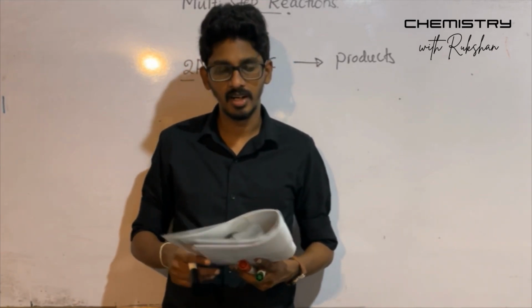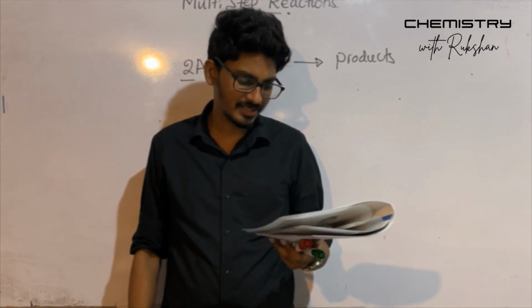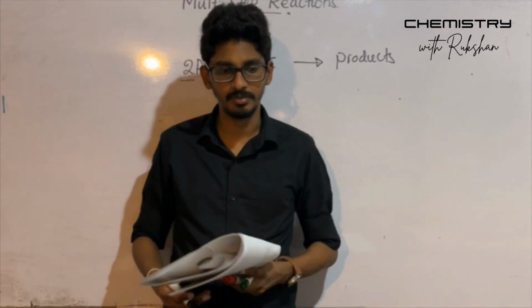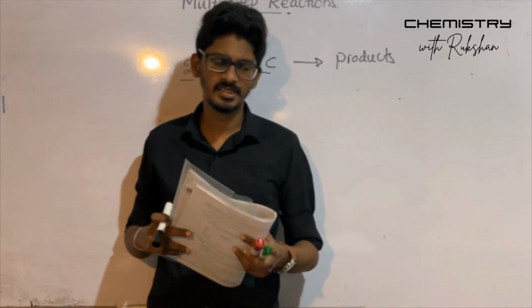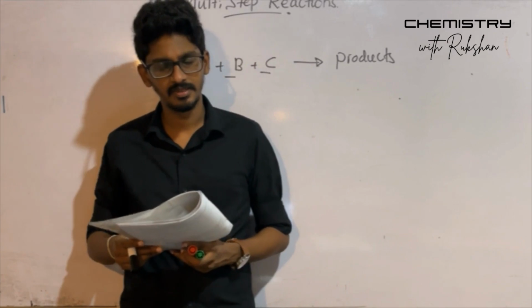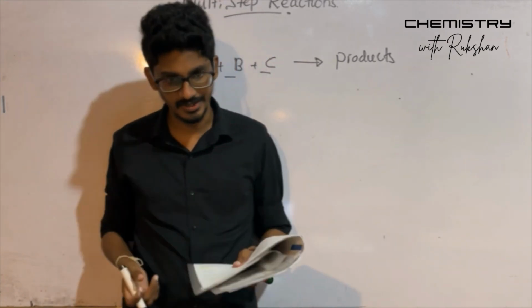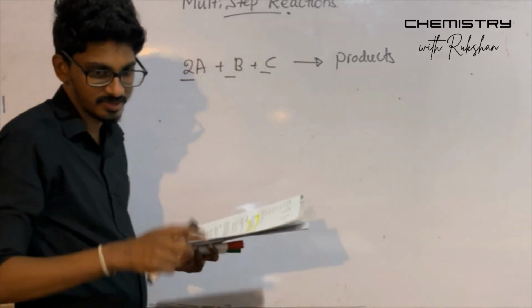One by one, let's discuss. The first thing, the overall reaction is the summation of the elementary steps. We'll discuss these 4 things with some examples. So I'll go with the example.